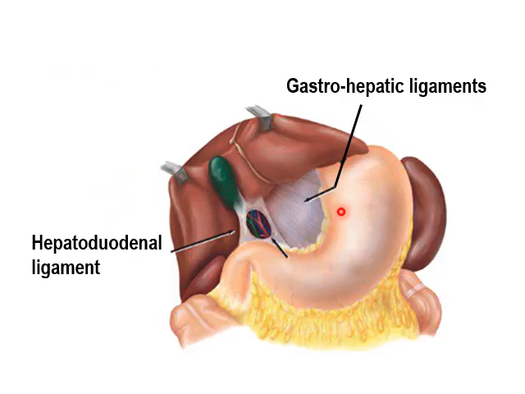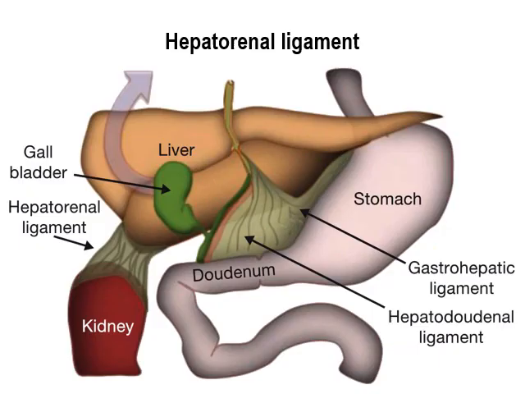This is the gastrohepatic ligament connecting the undersurface of the liver to the lesser curvature of the stomach, and the hepatoduodenal ligament connecting the hilum of the liver to the pylorus and the first part of the duodenum. This ligament contains the portal vein, hepatic artery, and bile duct.